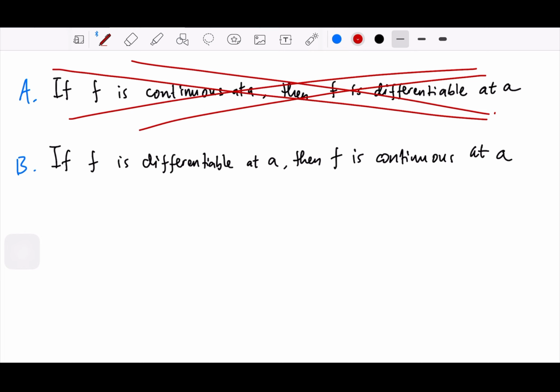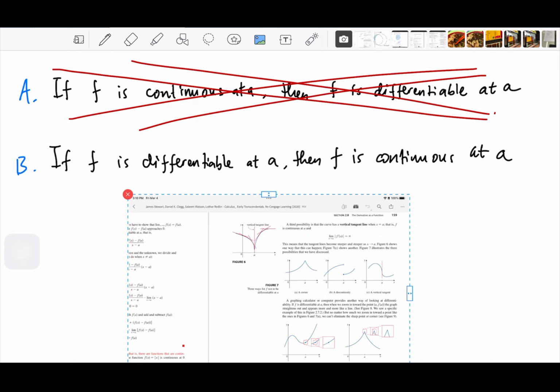Now from this statement, let me go to some drawing here.